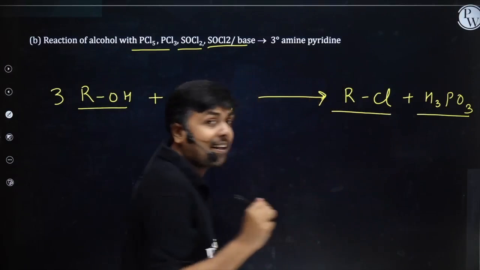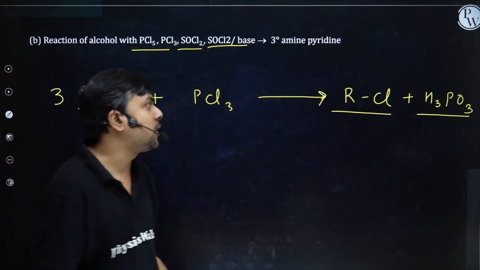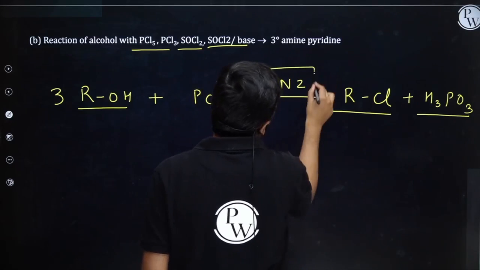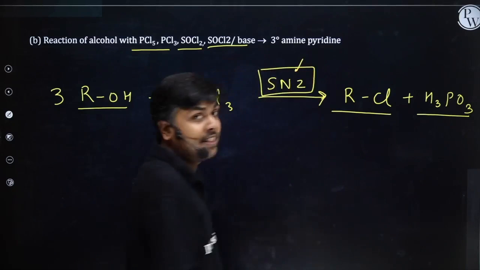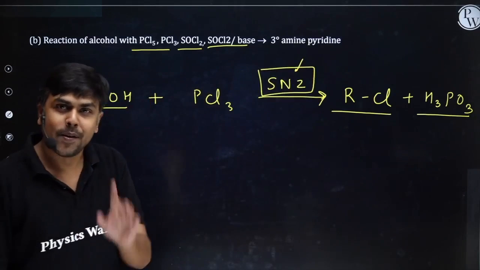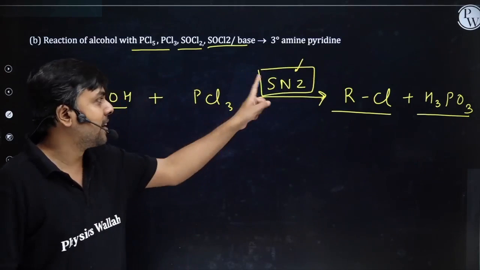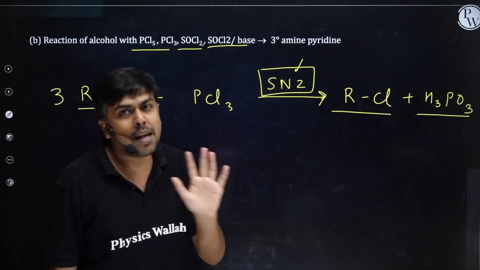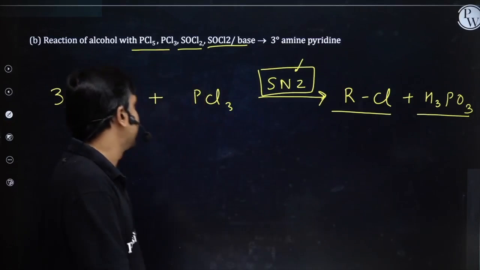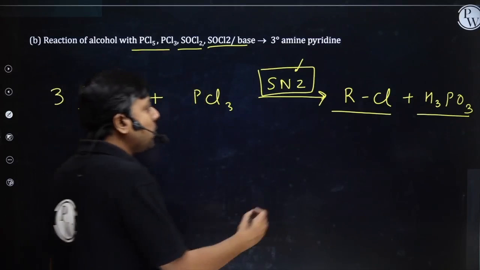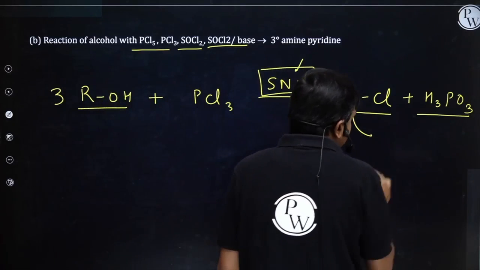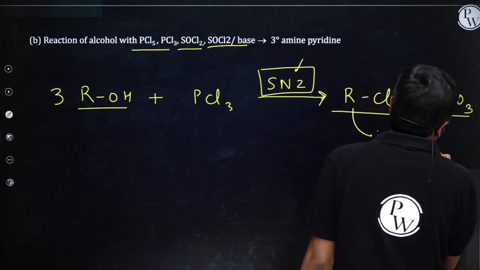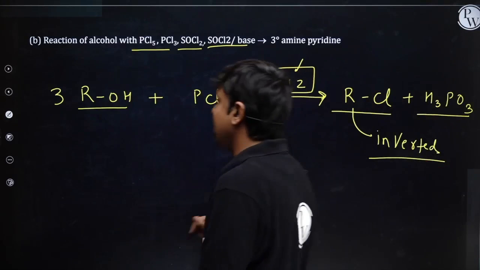Student, here the reaction occurs via the SN2 pathway. We have discussed this SN2 pathway in this lecture only, while discussing chemical properties. It's a nucleophilic substitution reaction. Okay. So we will have an inverted product. If I talk about the stereochemistry, here we get an inverted product. Am I clear?